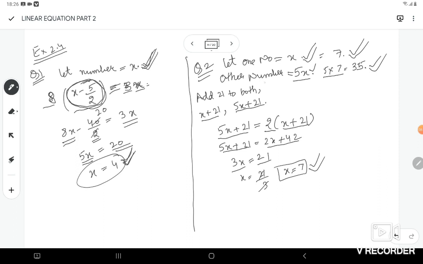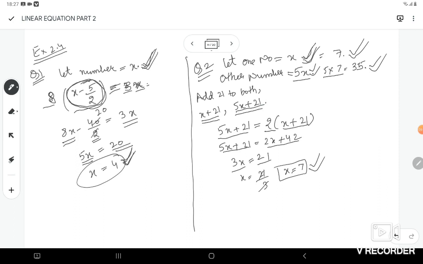Now the next problem says a positive number is 5 times another number. So let one of the numbers be equal to x. The other number is 5 times, so it would be equal to 5x. The next statement says if we add 21 to both the numbers, then one of the new numbers becomes twice the other number. Adding 21 to both, the numbers become x plus 21 and 5x plus 21.